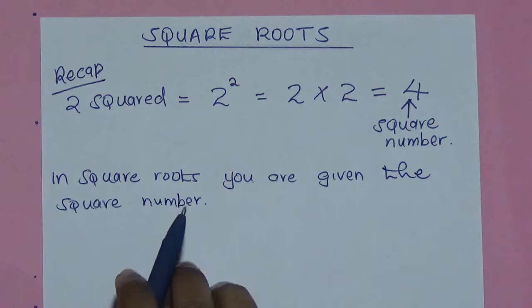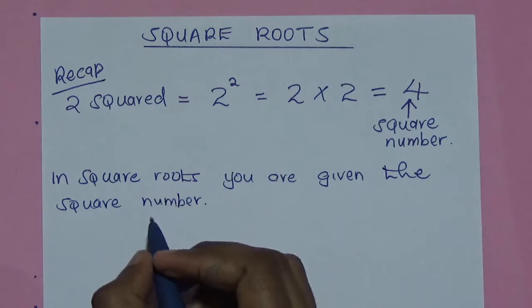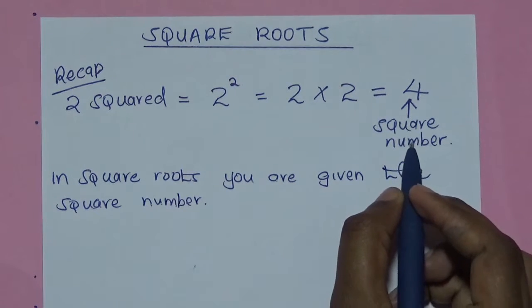Now, because you are given the square number, what are you supposed to do? You are supposed to find the number which was multiplied by itself to give the square number.